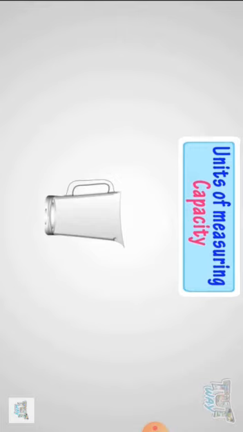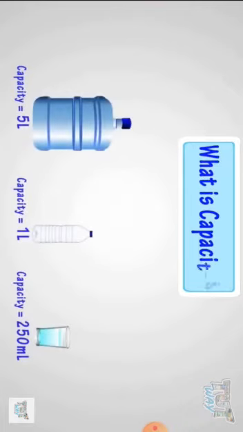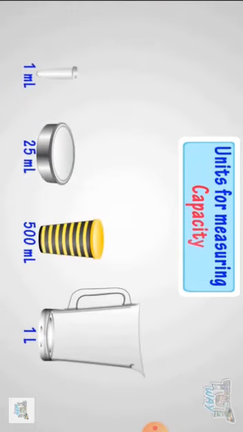The exact amount of water this jug can contain is 1 liter. So its capacity is 1 liter. That is, it can contain 1 liter of water or any liquid. So kids, now you have a fair idea what is capacity and the units for measuring capacity.